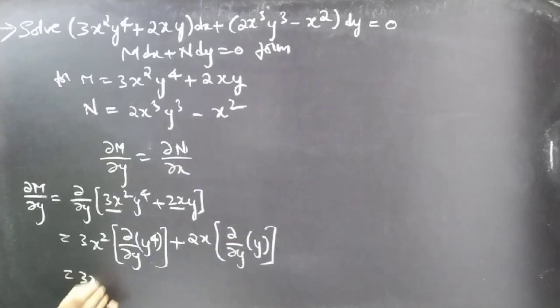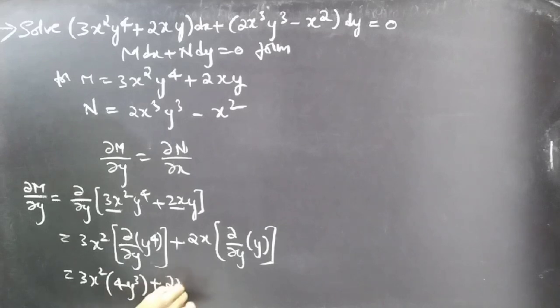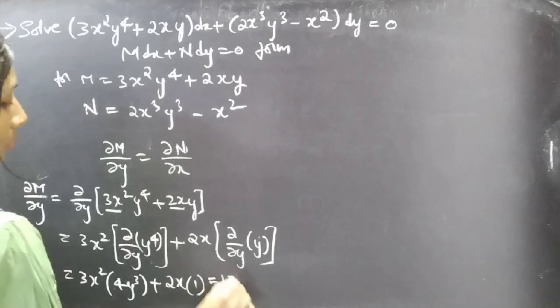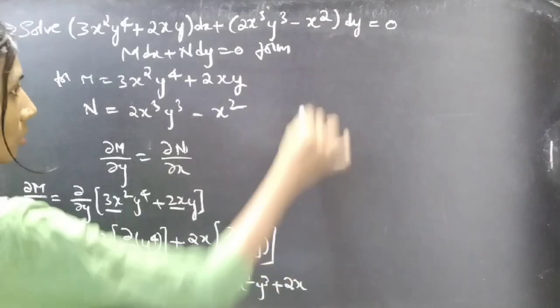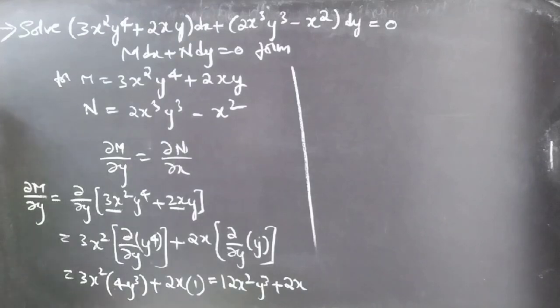The partial derivative of y⁴ with respect to y is 4y³, and the partial derivative of y with respect to y is 1, which gives us 3 4s are 12x²y³ + 2x, right?